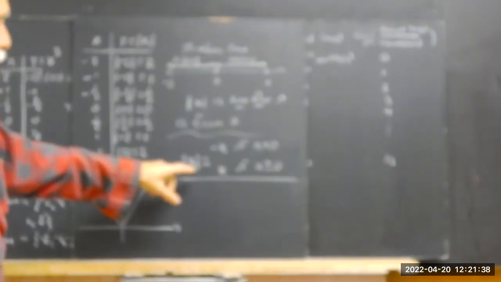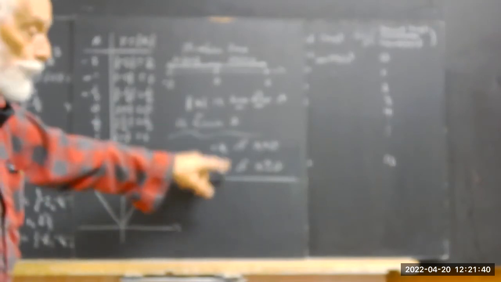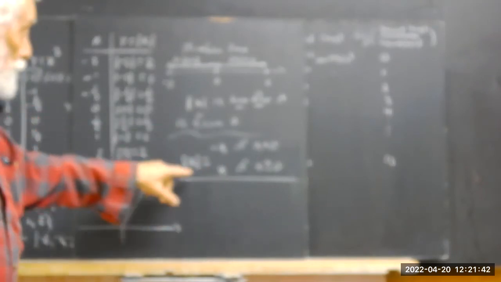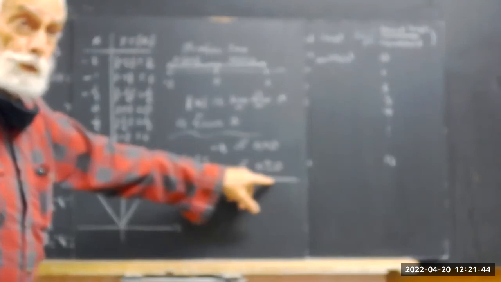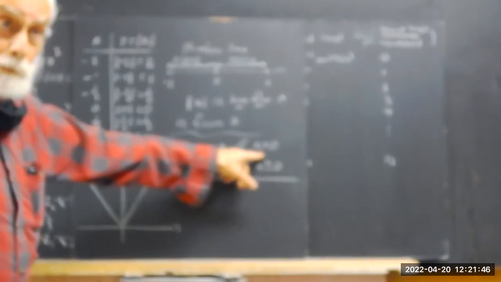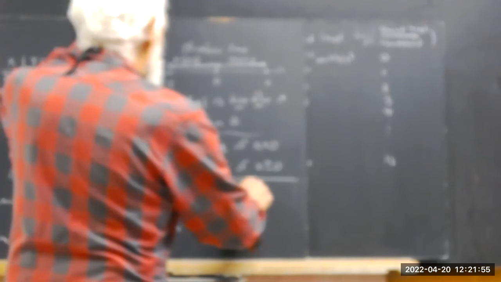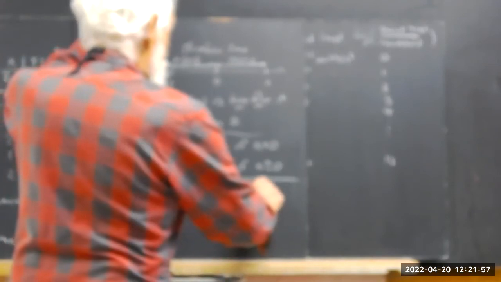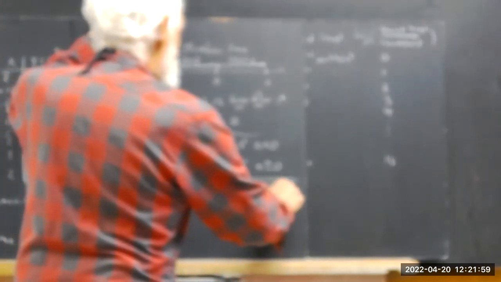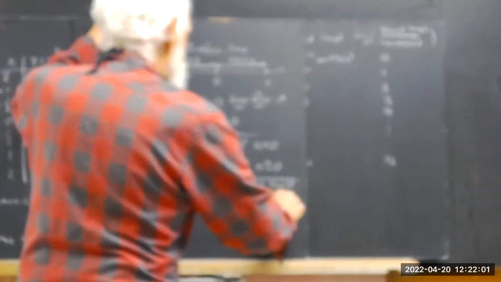Okay, so what's the absolute value of -2? Which branch does that belong on? Is -2 less than 0 or is it greater than or equal to 0? It's less than 0, right? Okay, so absolute value of -2 equals the negative of -2, which is 2, since -2 is less than 0. Okay?